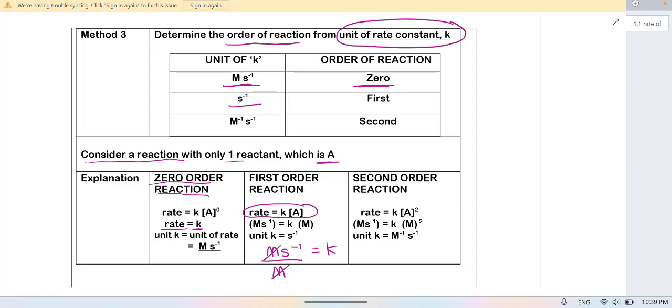Okay, katakanlah kita consider A ni adalah second order reaction. So K ni sama juga dengan unit rate, MS negatif 1 dibahagikan juga dengan concentration sekarang to the power of 2. So, molar kuasa 2. So, kita cancel. So, kita akan dapat unit K molar negatif 1, S negatif 1. So, different order, different unit of K.